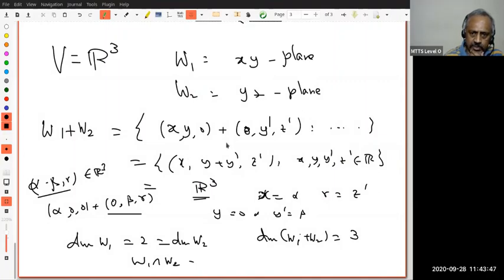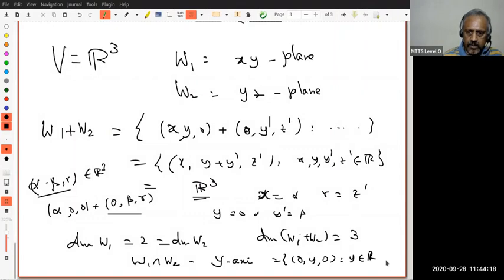If a point (x, y, z) lies in W1, the Z coordinate must be 0. If it lies in W2, then the X coordinate must be 0. So in the intersection, the X coordinate must be 0 and the Z coordinate must be 0. That means it is the Y axis, that is (0, y, 0).